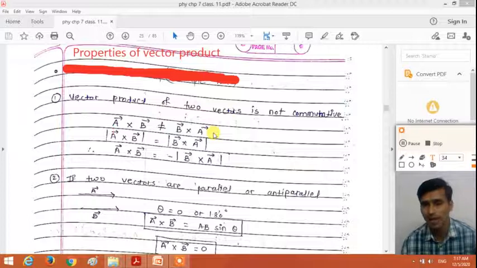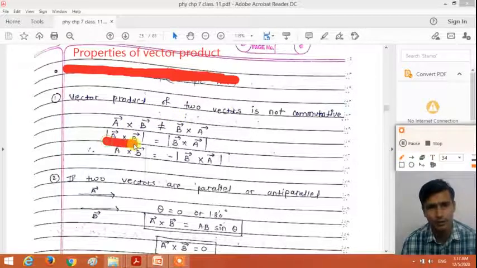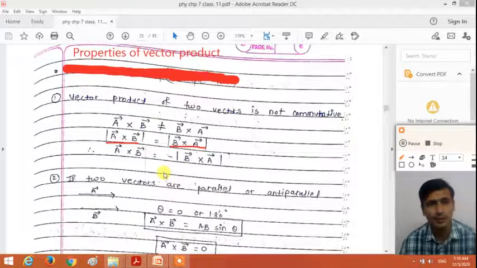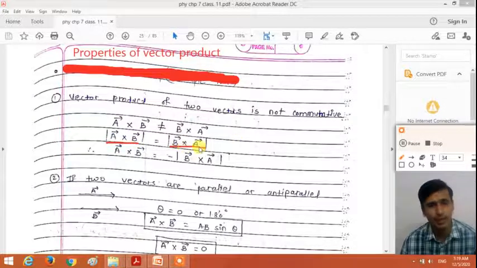So we cannot write A cross B is equal to B cross A. But the magnitude of vector A cross B and the magnitude of vector B cross A are the same.